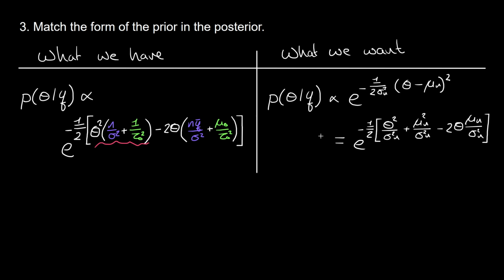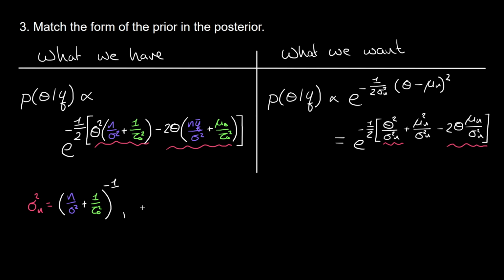Looking at the first term, we can read off the value for the posterior variance. Similarly, we see that the coefficient of 2 theta is equal to the posterior mean divided by the posterior variance.